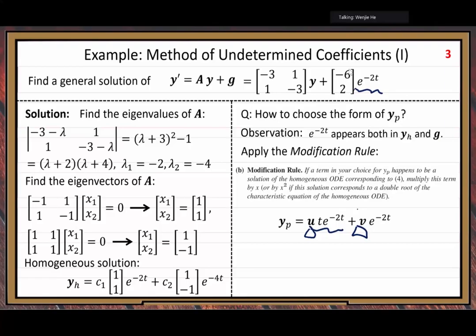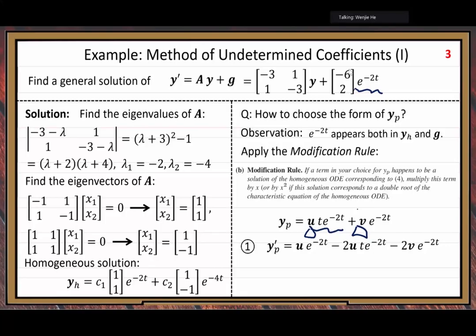So what kind of coefficients? Vector coefficients. Here we treat these two vectors, u vector, v vector, as undetermined coefficients. Then we plug in. Yp prime, you just take the derivative, product rule, so you know how to do it.